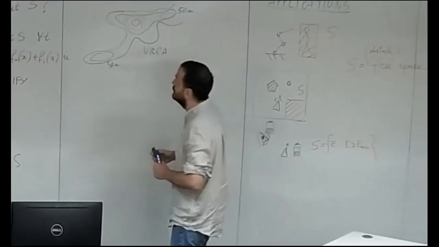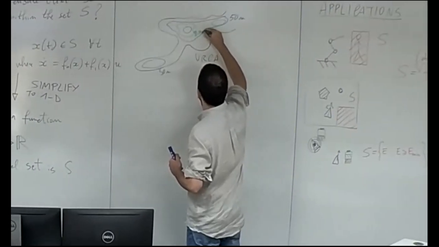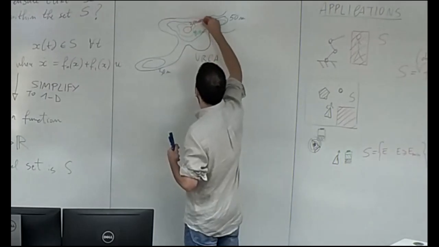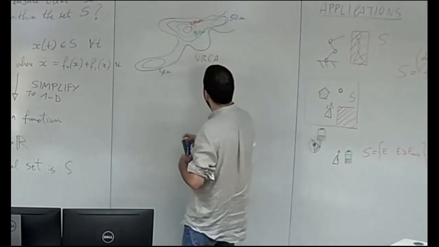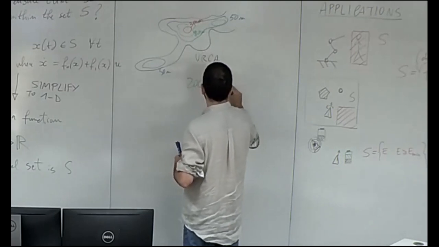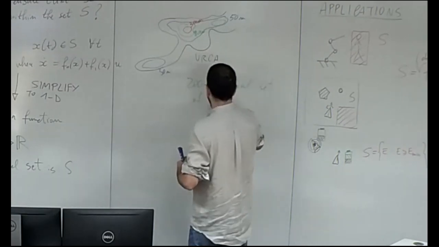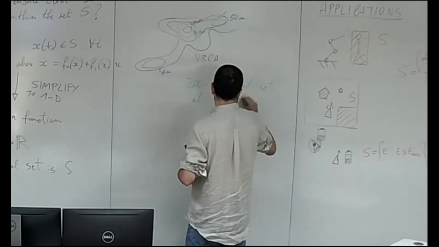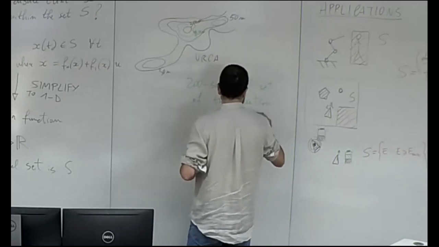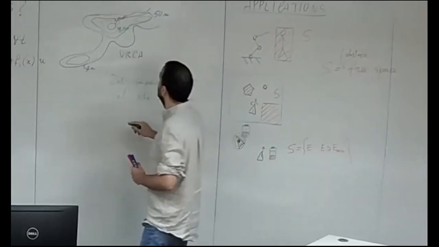Now there's 200 meters, and this is 300. The 200 super level set of the elevation function in this region is this.